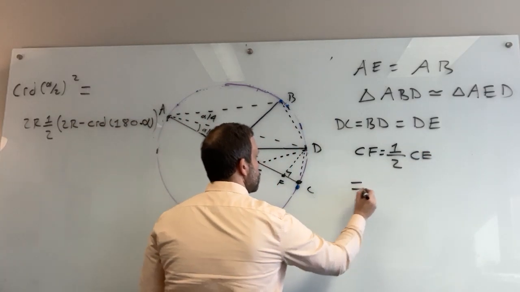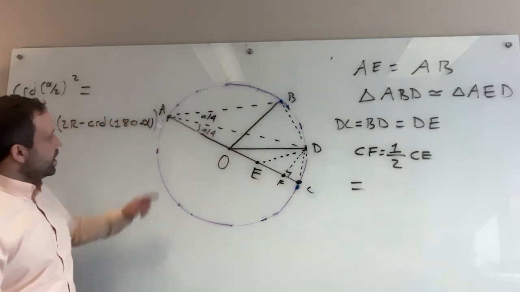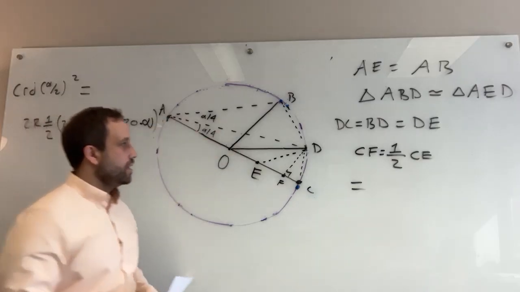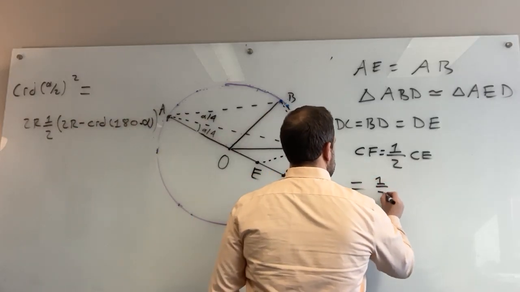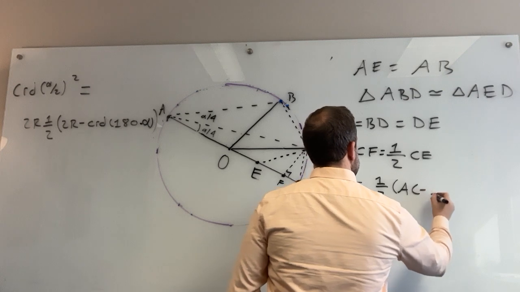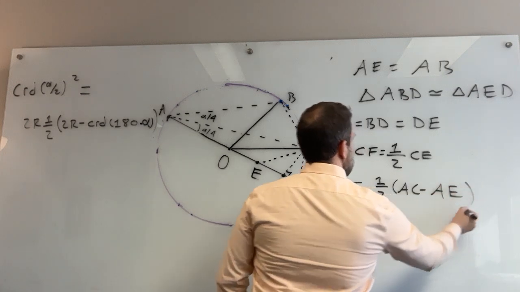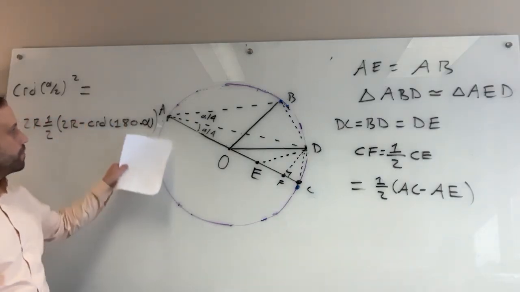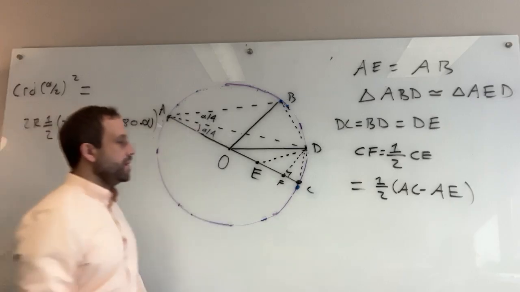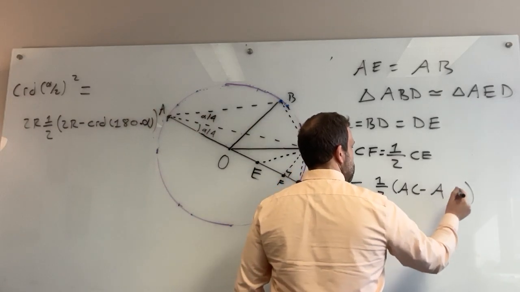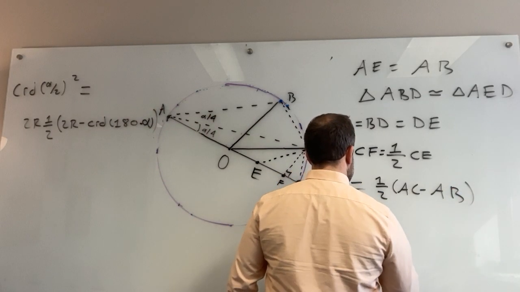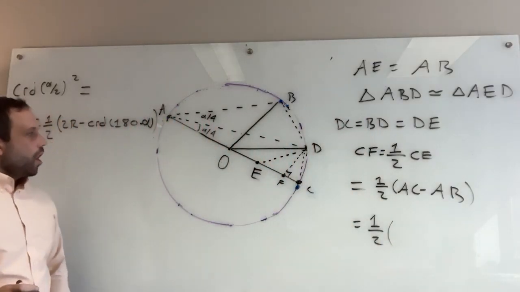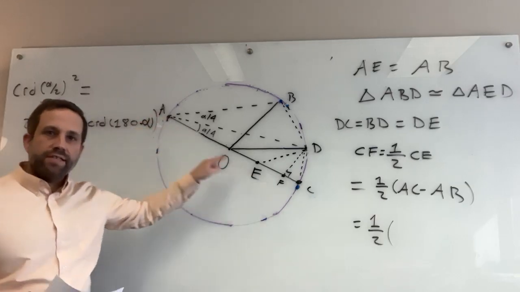Okay, so what does that do for us? Well, CE is this distance here. It's equal to AC minus AE. So this is 1/2 (AC minus AE). I'm not going to rewrite everything, but remember that AE is equal to AB. So this is just AB. Well, what is AC? Remember, AC is the diameter.